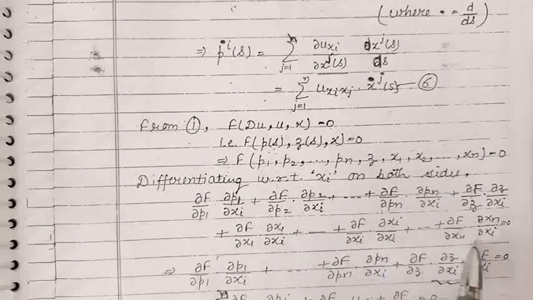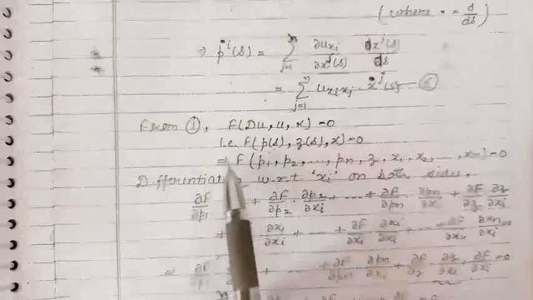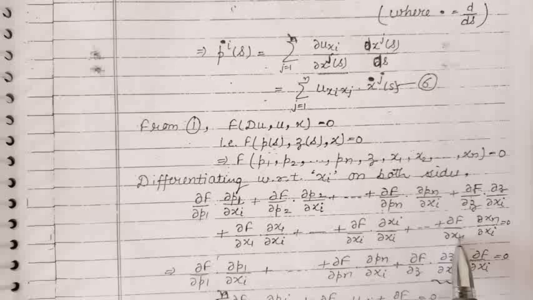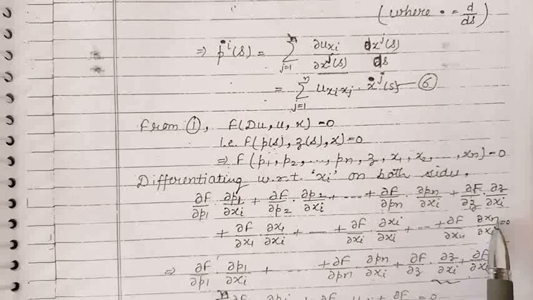Continuing like this, last we have partial derivative of f with respect to xn into derivative of xn with respect to xi.